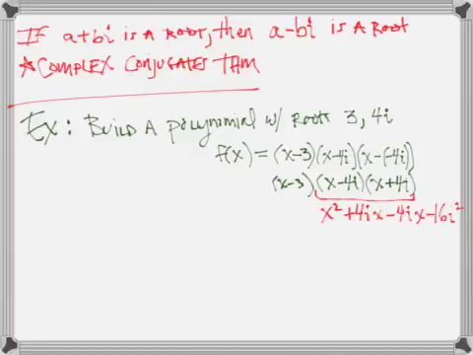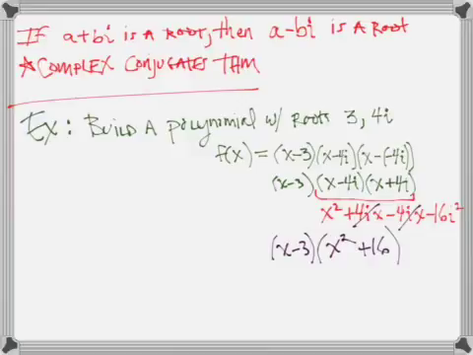So these pieces cancel, and I get x squared, and what does I squared give me? Negative 1 times negative 16, plus 16. We can see I don't have any imaginary components. All of that is then times x minus 3. I can figure out what that is by FOILing again, and I've built a polynomial that has those roots.